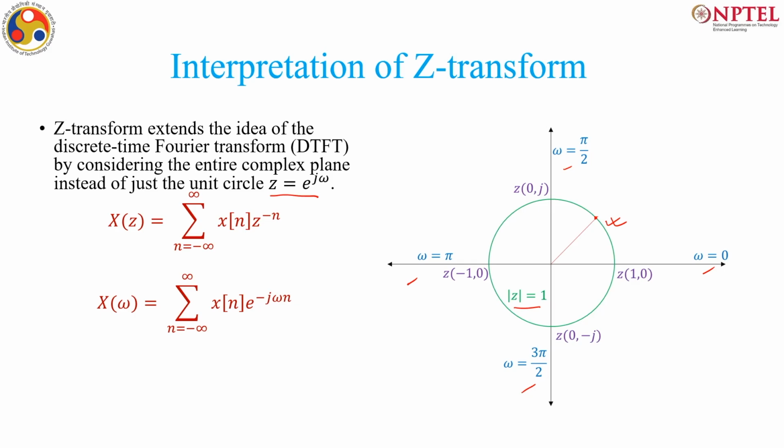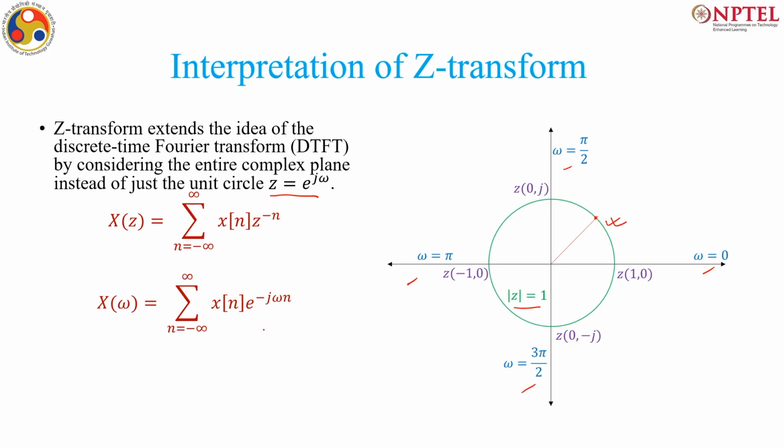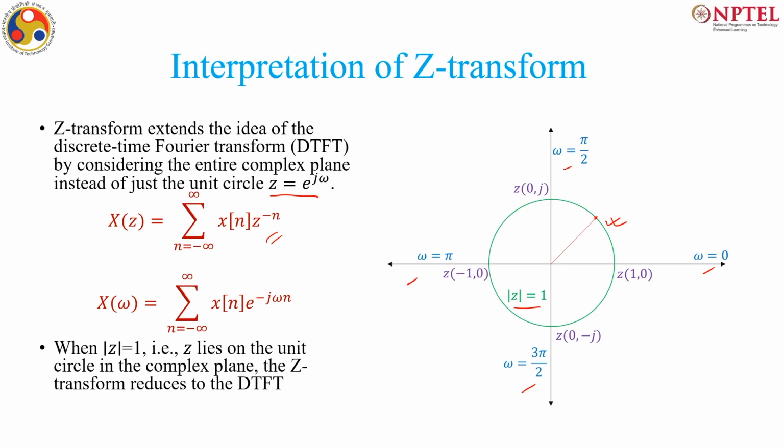As we know, Fourier transforms are not defined for all signals, specifically if the Fourier summation is not finite. In this case the Z transform is defined for almost all signals, but not over the whole Z plane, only in a specific region, and this region is called the region of convergence. Clearly, when mod z equals 1, this is the unit circle in the Z plane, and the Z transform will reduce to the DTFT.